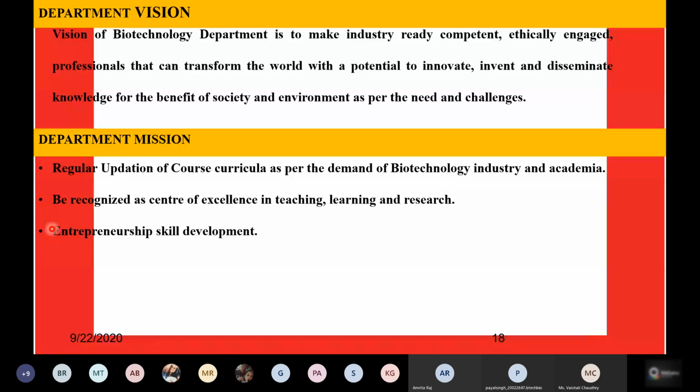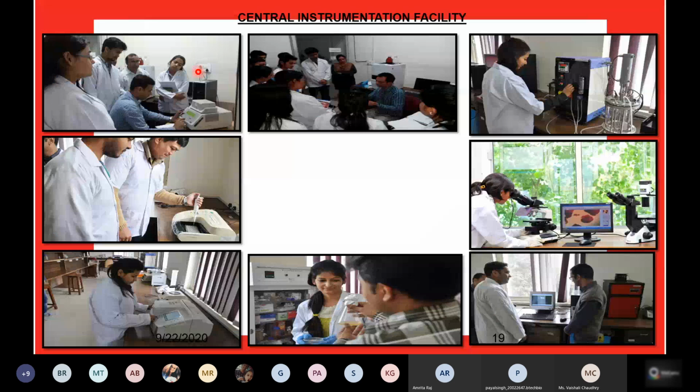Moving ahead. Yeah, so this slide is showing different facilities in our lab, and I am very much sure that you are very much excited to see such labs in the department, or maybe probably you have visited the department, have seen the lab. This is the machine which is known as thermal cycler or PCR.